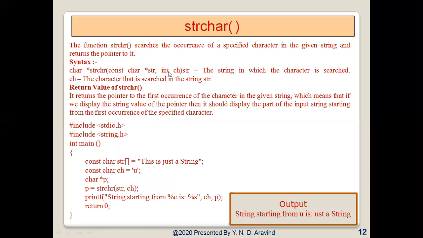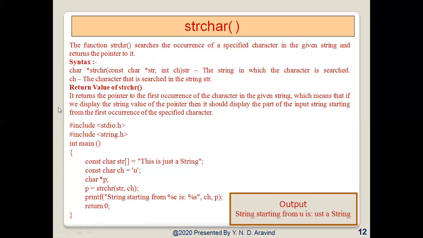One is the string and the other is the character for which you are searching. So it will place the pointer at that point. Whenever you write the data, it will be written from that particular point.